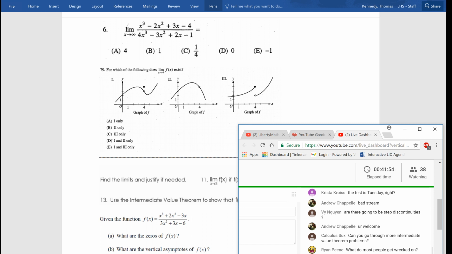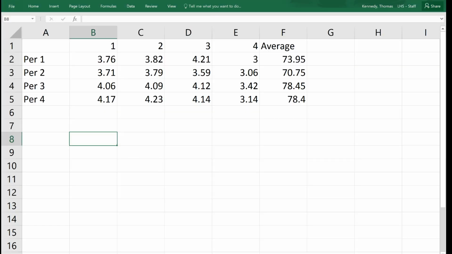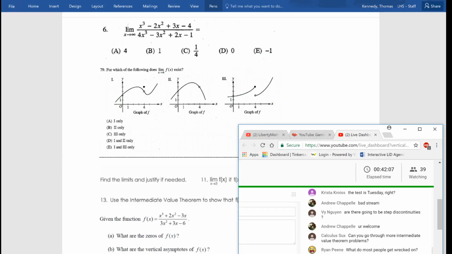Continuity and discontinuity tends to be one of the more retaken sections, although I think we got really good averages in that section this year. On the quiz, people got wrecked on average rate of change, which was a bit of a bummer.